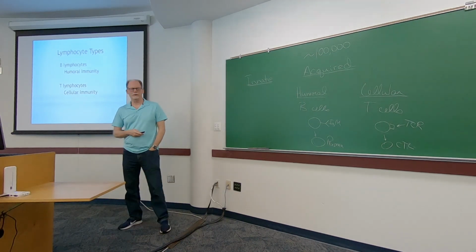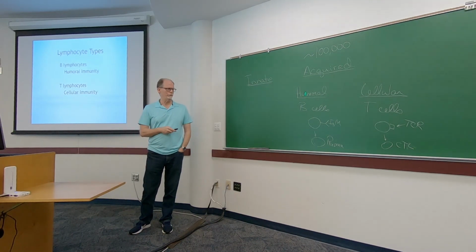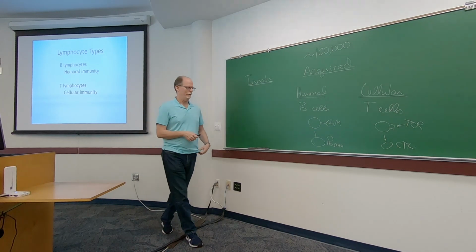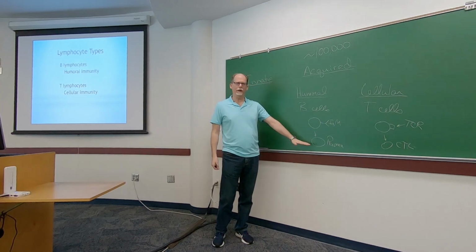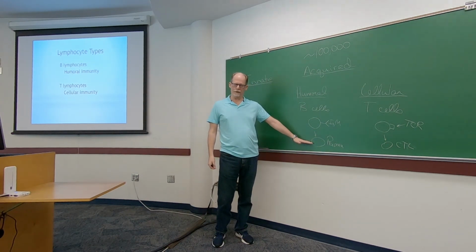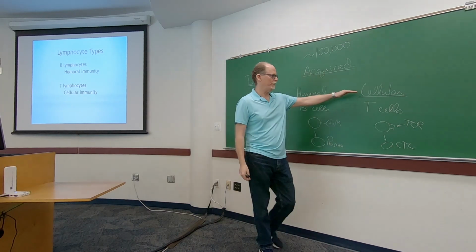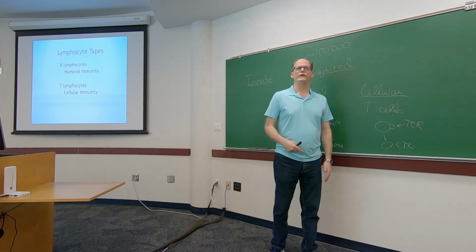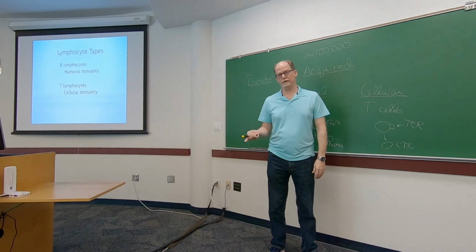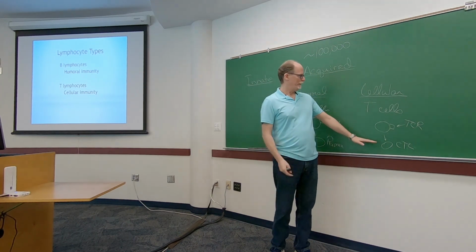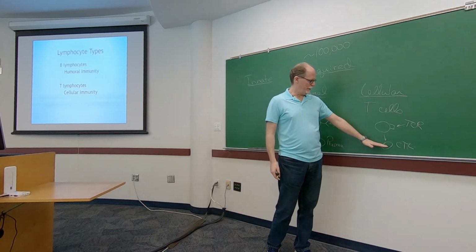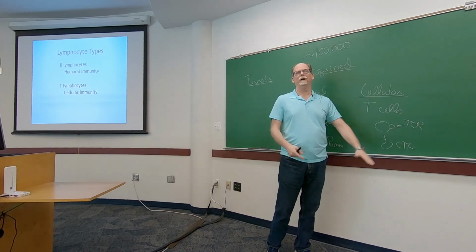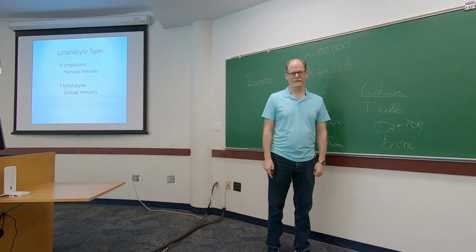So, like I put on the board, there's humoral. That refers to anything antibody. Cellular is T cells that are seeking other cells. That's what it's called, cellular, because it's our cells killing our cells.